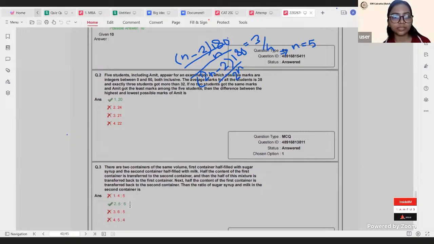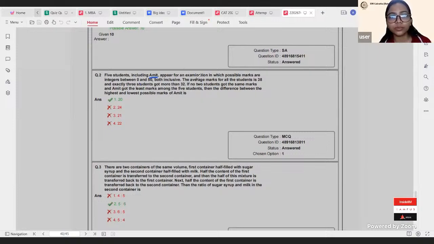Basically, this one is about 5 students, including Amit, who appear for an examination in which the possible marks are integers between 0 and 50, both inclusive. The average marks for all the students is 38, and exactly 3 students got more than 32.